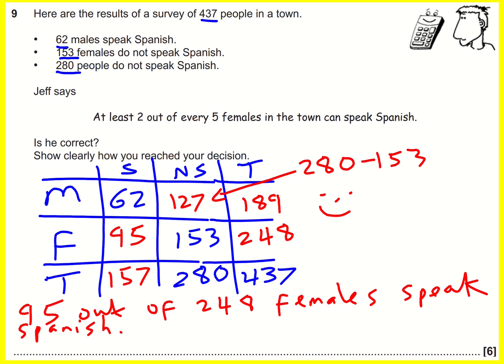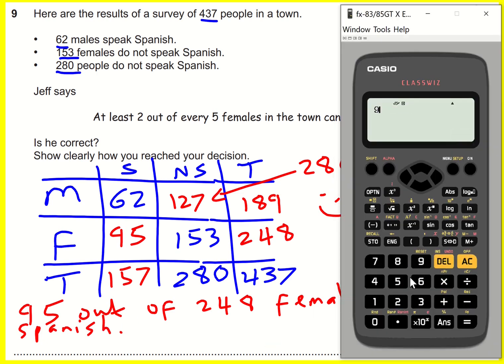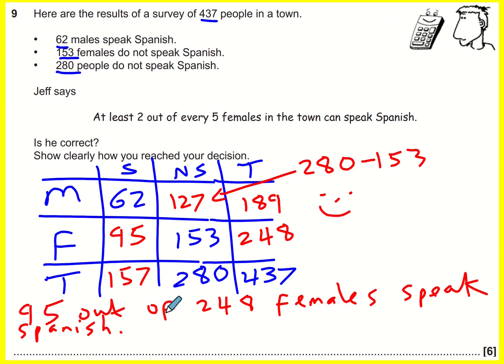And I can figure that out as a percentage or a proportion, well, a fraction. 95 divided by 248 equals 0.38. That's actually about 38%. Maybe I should write down my calculation for that.